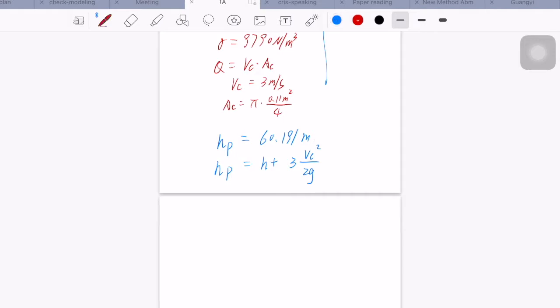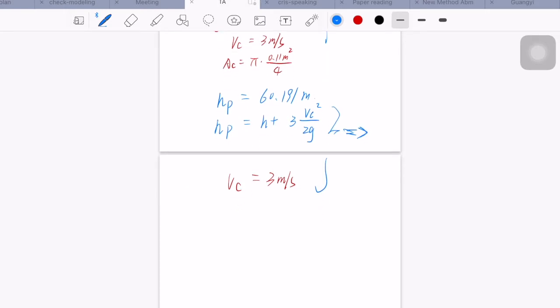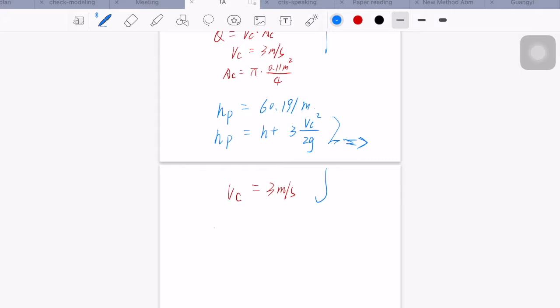And we also know VC is 3 meters per second. So now we can get that H should be equal to 58.8 meters. So we finished this problem.